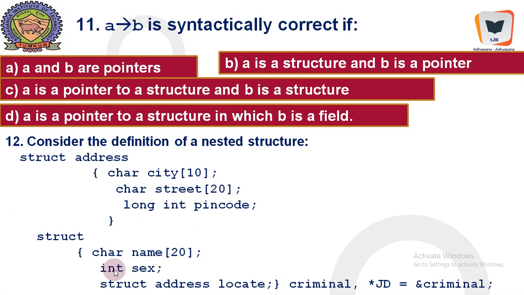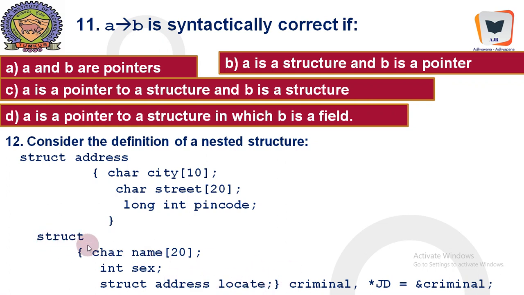Okay, structure, character name 20, integer sex maybe 1 2 3 something like that, structure address locate. Okay, locate is the variable of structure type, and the structure is address.